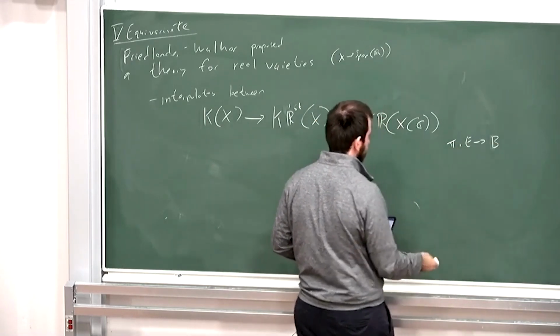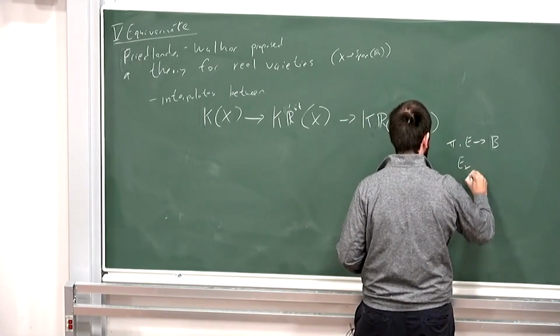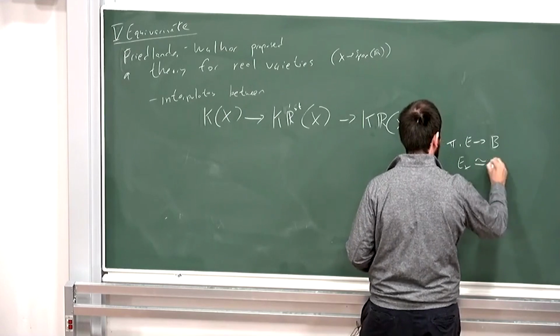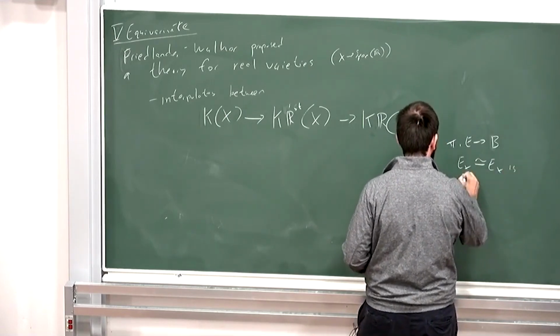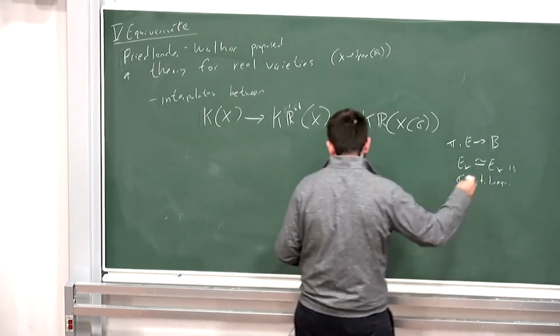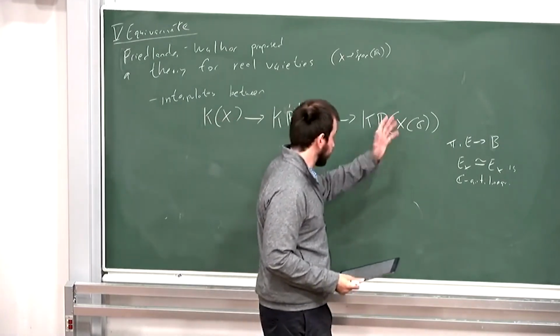This map is just supposed to be C2 equivariant, and the induced map on fibers is C-antilinear. So these are real bundles, bundles with real structure, I guess.